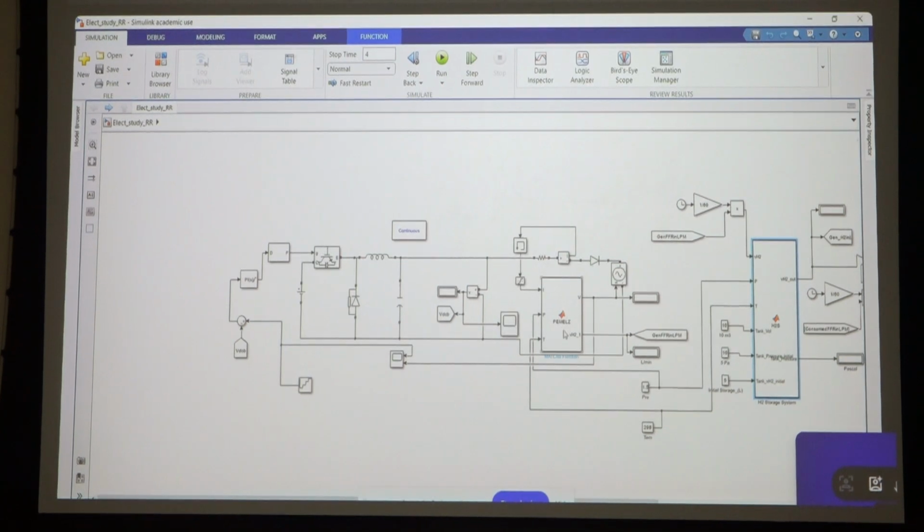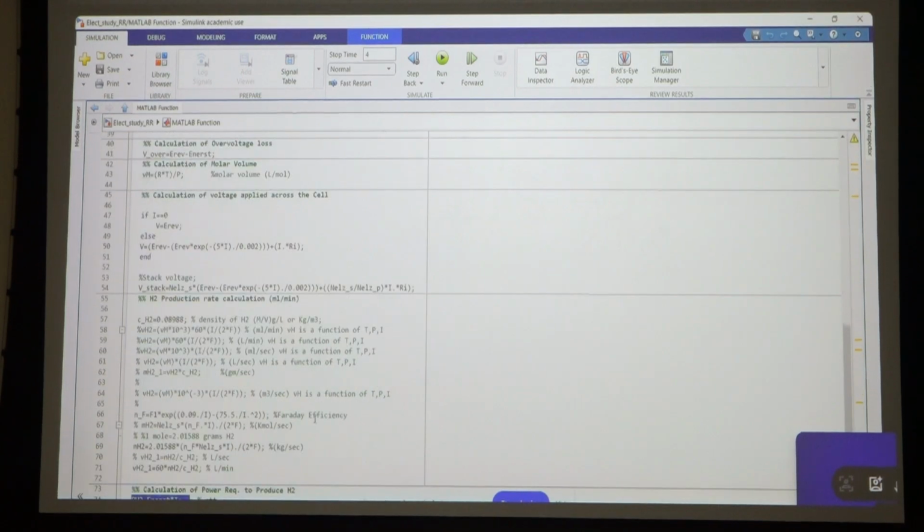This is the MATLAB Function block. So you can use any MATLAB function to write down your own equation coding here. And it definitely reduces the number of blocks as well. You see, many things we can do inside a single block.